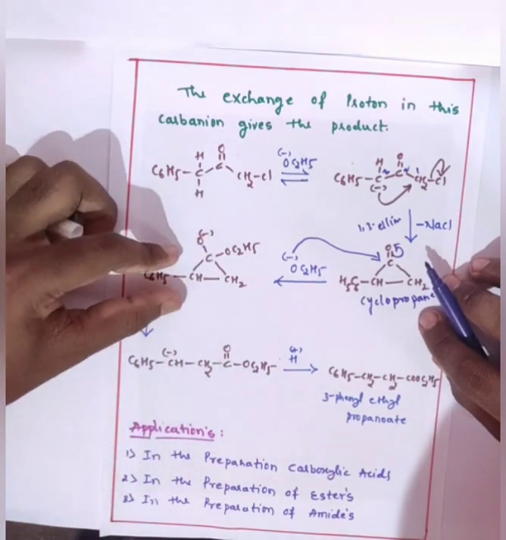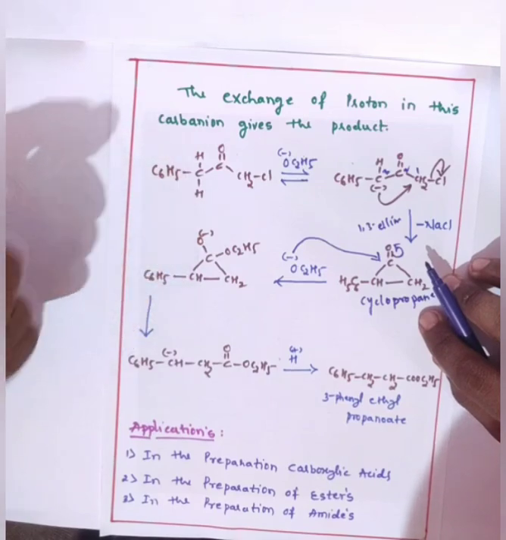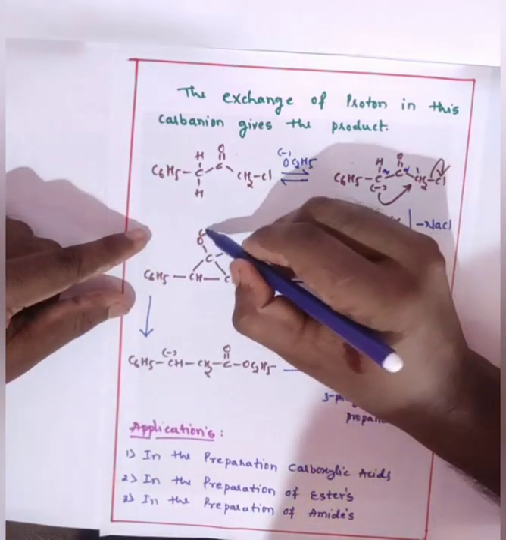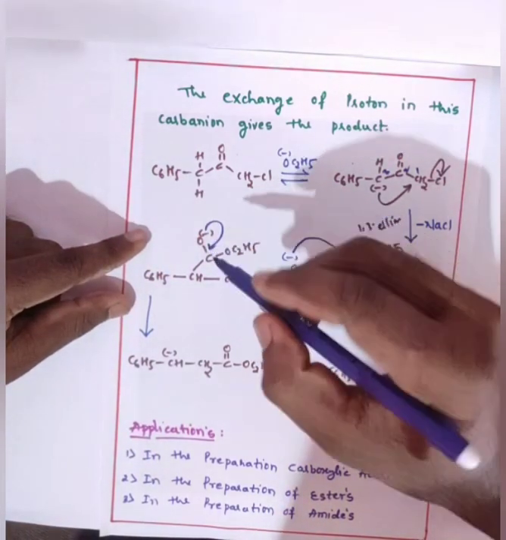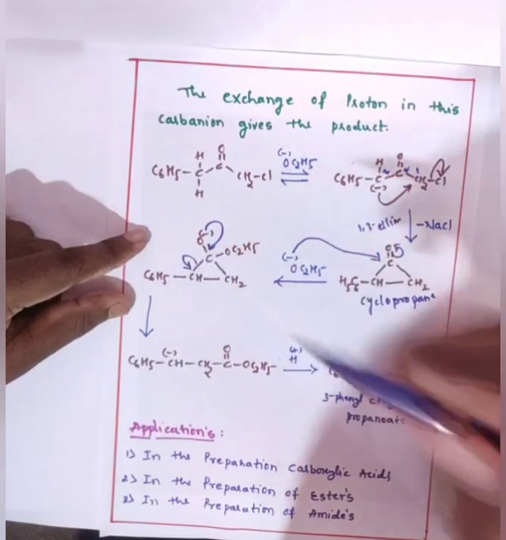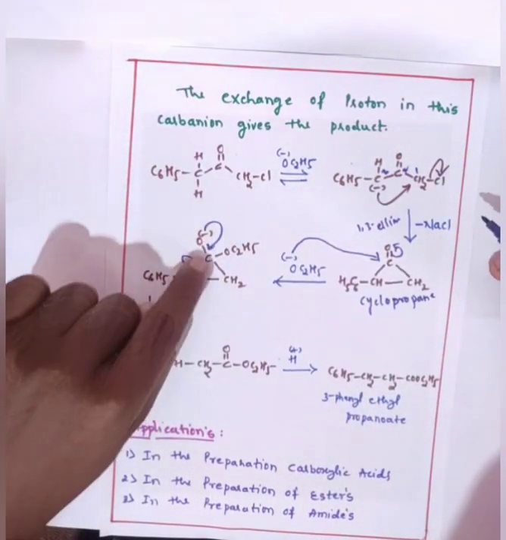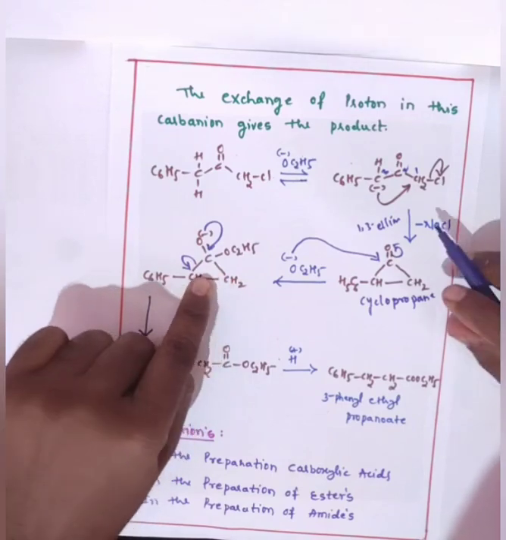This intermediate molecule does not have a particular name. So for this oxygen anion intermediate molecule, further resonance takes place, and after resonance, the cleavage of this cyclopropane takes place.